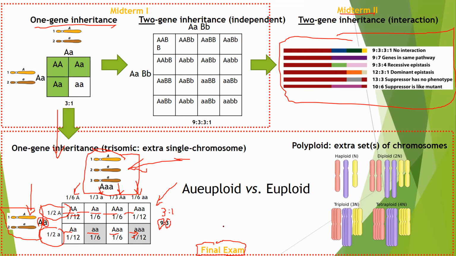And also in the 3rd part of this course, we're going to talk about mutation due to extra sets of chromosomes. So haploid, diploid, and so on.